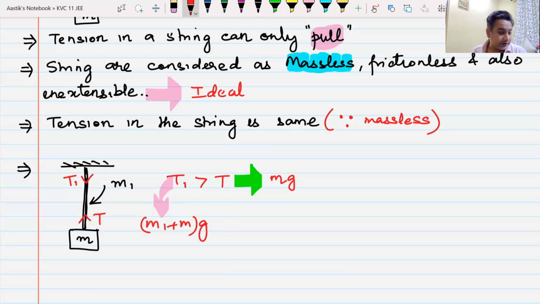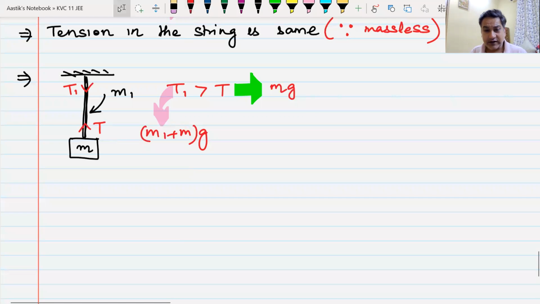Do we understand this? Yes or no? Okay. So strings do not extend, strings are massless, strings can only pull. This is what we have learned so far. What else? Now, in most of the cases, we will have bodies attached to the string.